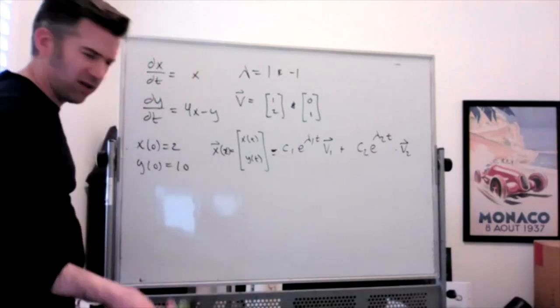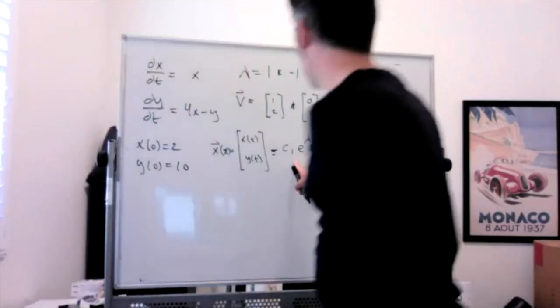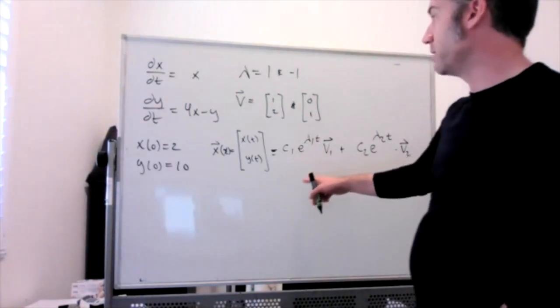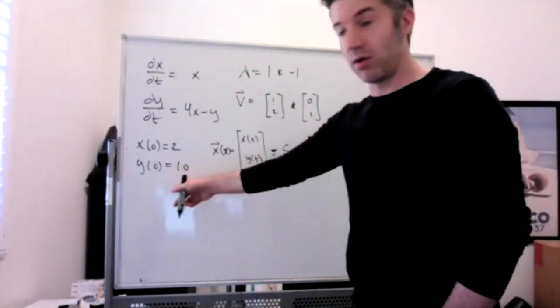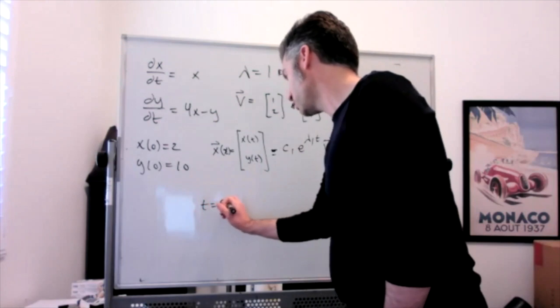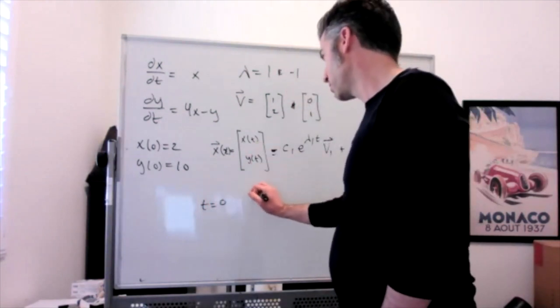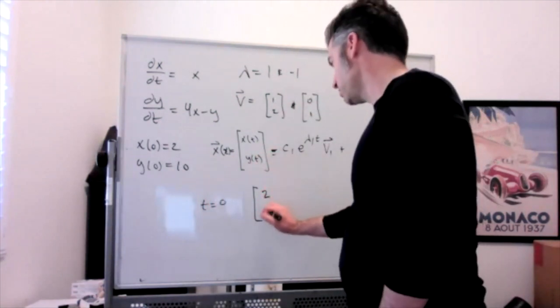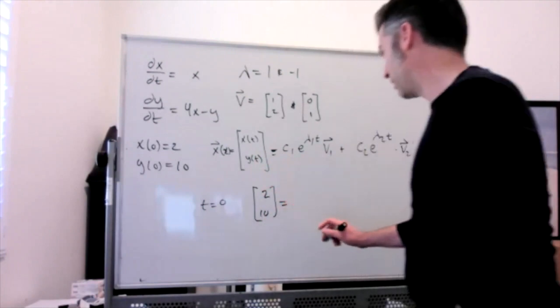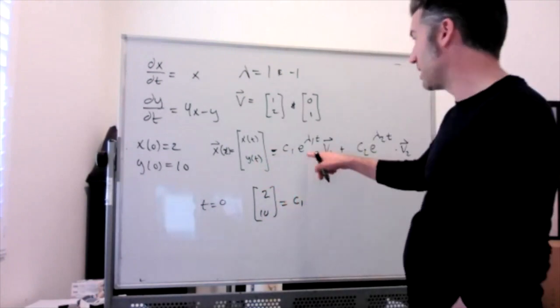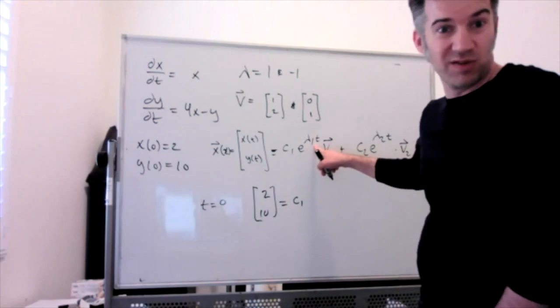All right. And then we solved this. I think we finished solving it. So the way you solve this is you plug in what you get at time equals 0. So at time equals 0, we have x is 2, y is 10. And that's equal to c1 e to the lambda 1 t, where e to the 0 is just 1.